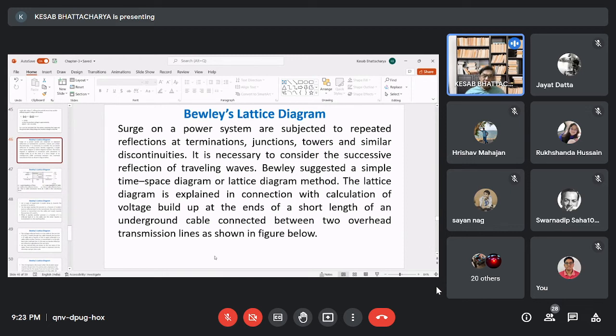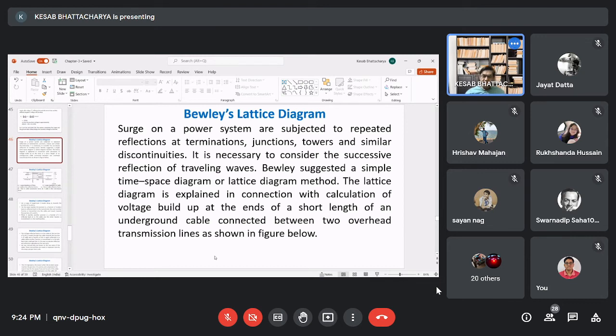So at a particular point or node in the transmission system, if we have to find out the magnitude or the status of the traveling waves up to the point under consideration, then this Bewley's lattice diagram provides a method for finding that out.